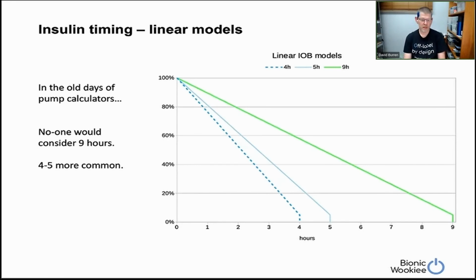In looping, we actually vary the basal all the time, and we want to track every piece of insulin. So just as a point here, 4 or 5, maybe 3 hours were numbers that were often used for this. No one would even think of using 9 hours because insulin didn't last that long, and I'll come back to that point later.